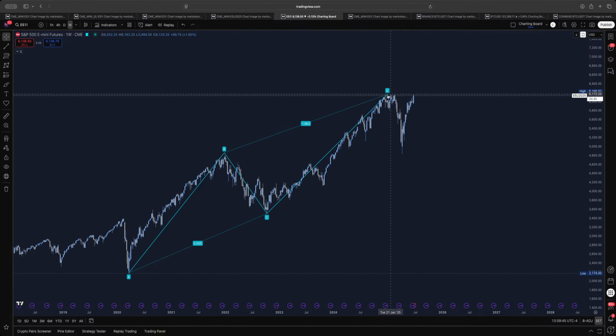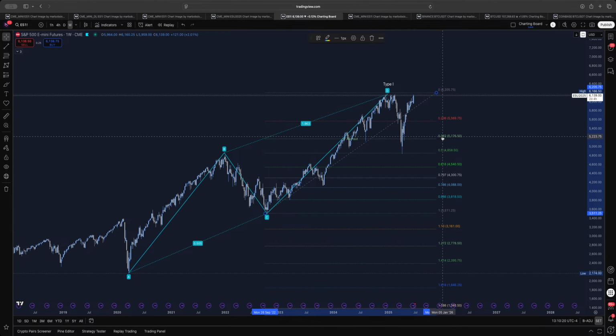So therefore, this reactionary move, applying this reaction on the macro, can be perceived certainly as a type 1, I'm sorry, not type 3 here, type 1, which is the first reactive move of a major ABCD structure, presenting indeed a very significant reactive move, mentioning that the type 1 can always navigate from the lows to the highs, in this case, minimum to the 0.382, the 0.50, and the 0.618.